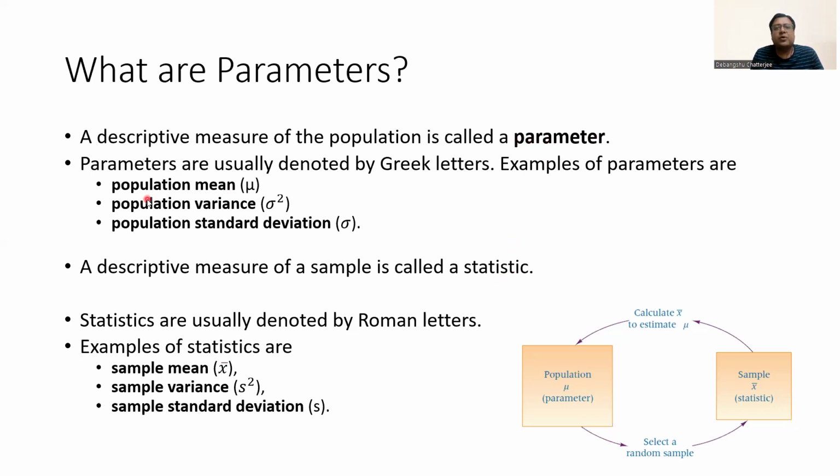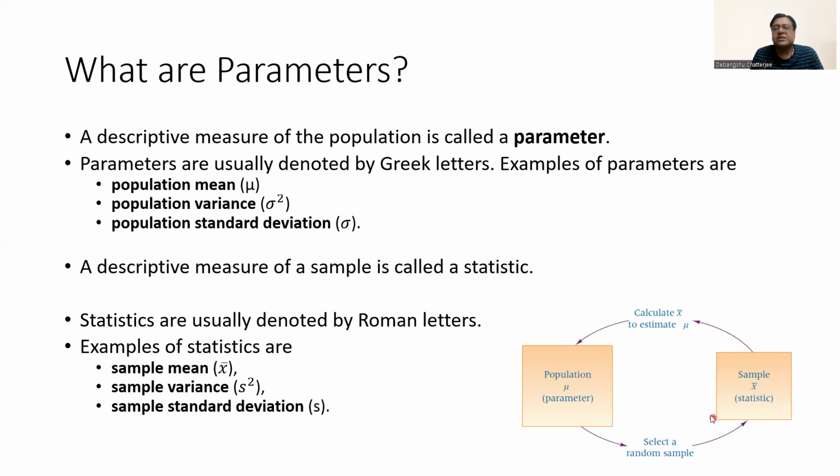The same mean, when this becomes sample mean denoted by x bar, then it becomes a statistic. When you consider the same measurement for a sample, then sample variance is s square, and sample standard deviation is the square root of s square. So population mu is a parameter, you can refer to this figure.